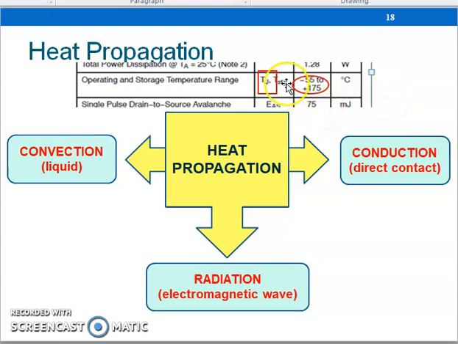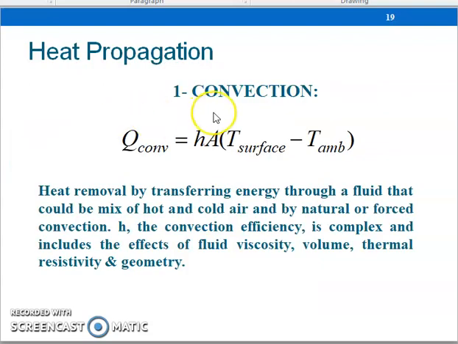Once the heat is generated inside the junction, we have three kinds of heat propagation, which convey the heat out to the ambient. It may propagate through conduction, which is direct contact, through radiation, which is electromagnetic wave, or through convection, which is liquid based.